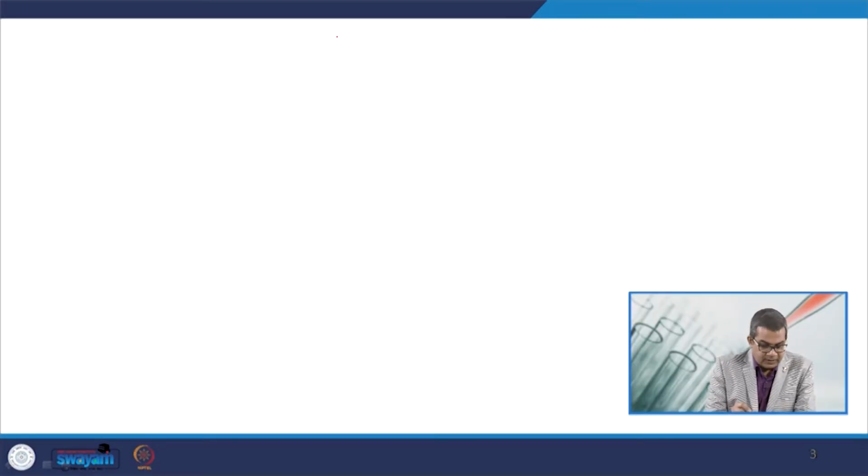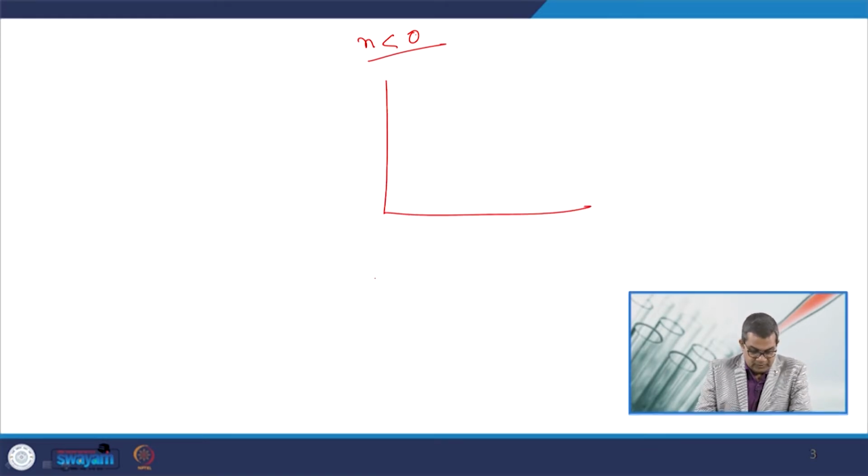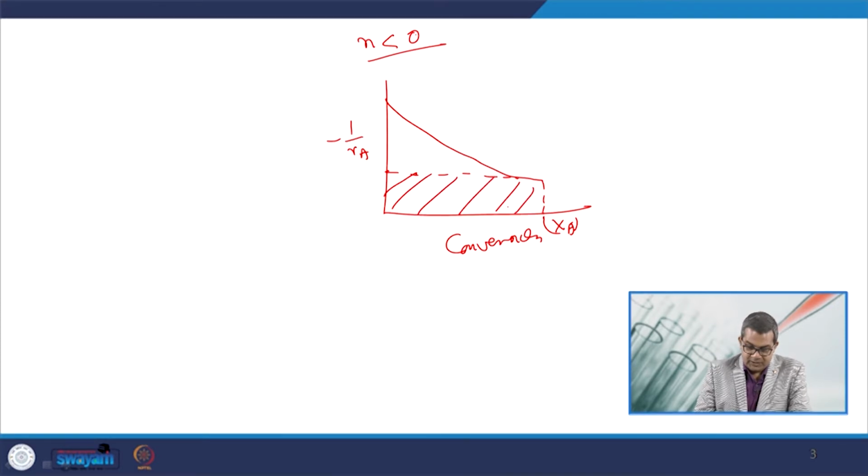Let us assume that we are dealing with the same conversion and here n is less than 0. If we talk about the volume of the system, and if we plot minus 1 upon r_A versus conversion, then you see that there are two shaded regions.